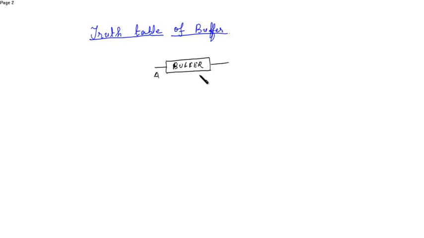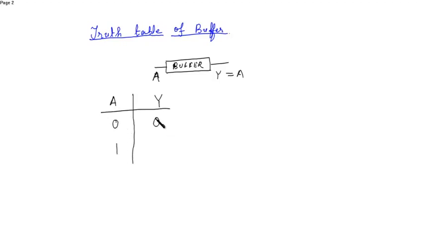If this is input A, I'll have output Y, which will give the same value as A. So we have input A and output Y. With a single input A, I'll have two combinations, that is 0 and 1.